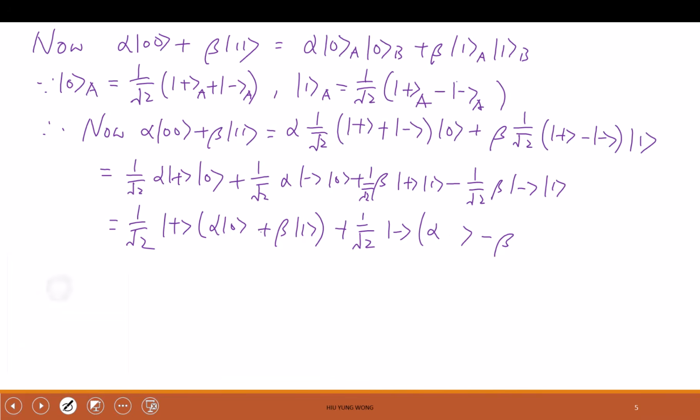Thank you. Because for this term, I take out the negative to here. This is the state. I just need to keep the relative position of the state. But for a number, a scalar, I can put it anywhere. Again, because this is just a number. So negative is here. Then I have alpha |0>. Negative is here. Then I have negative beta |1>. Do you see that? Now this is very interesting.